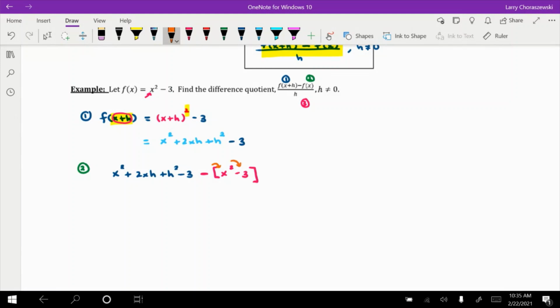And I'm going to distribute the minus sign and combine like terms. So we get minus x squared and then plus 3. And what are you guys noticing in terms of simplification with this current line of math? Does it simplify?